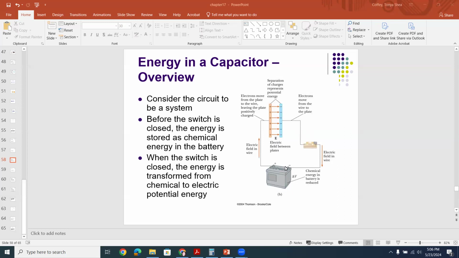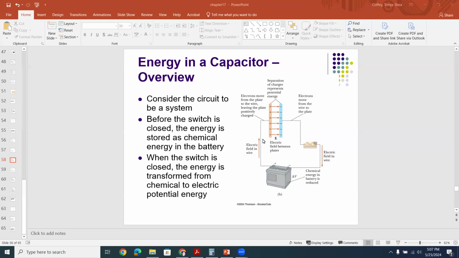What that causes is the electrons to move from the negative terminal of the battery and build up on that negative plate, which they're directly connected to. Then that negative charge repels the electrons in the plate on the opposite side of the capacitor, leaving a net positive charge there.